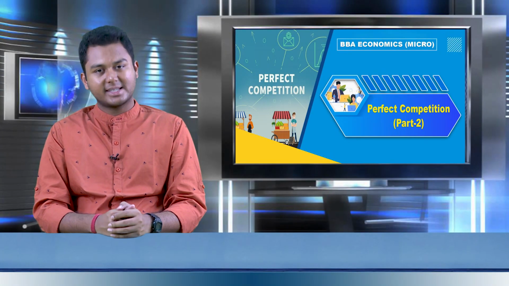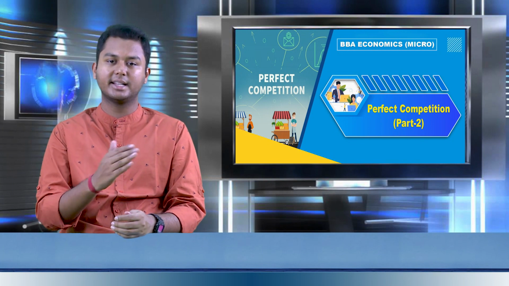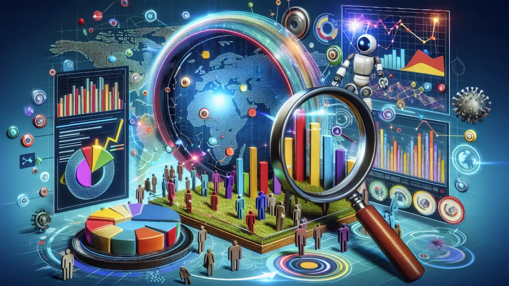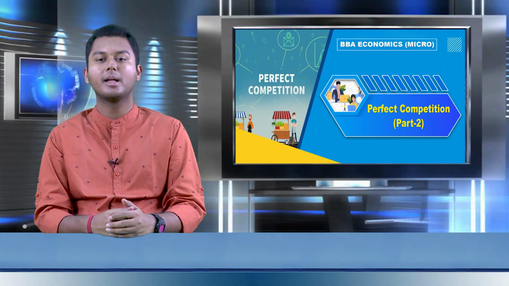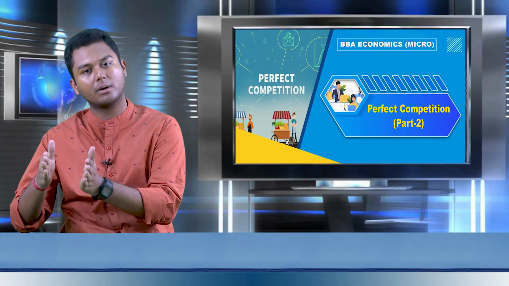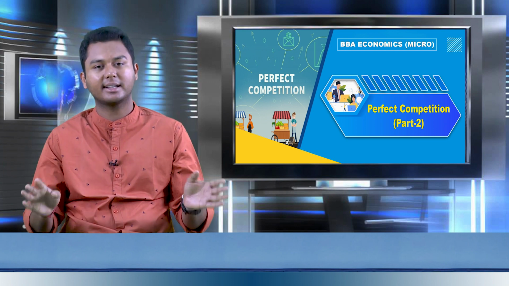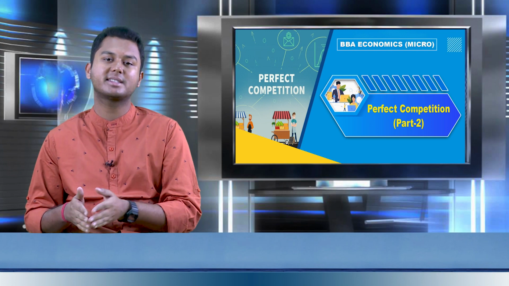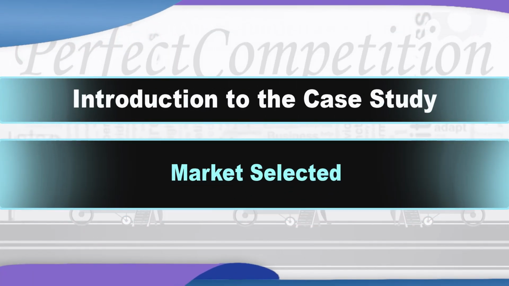The goal of this case is to study and illustrate how perfect competition leads to allocative and productive efficiency through a real world example. By analyzing a market that closely resembles the perfectly competitive structure, we can observe how the theoretical principles of efficiency manifest in practice. So let us talk about the market selected.